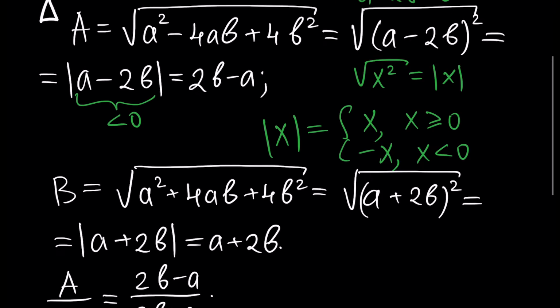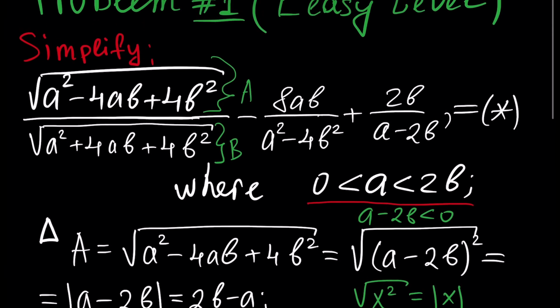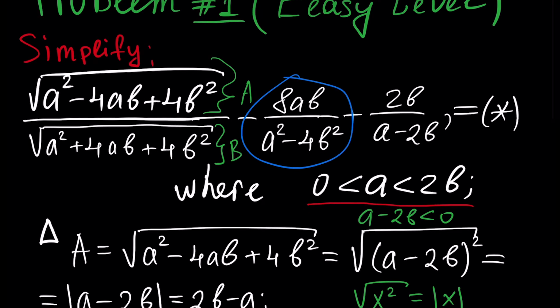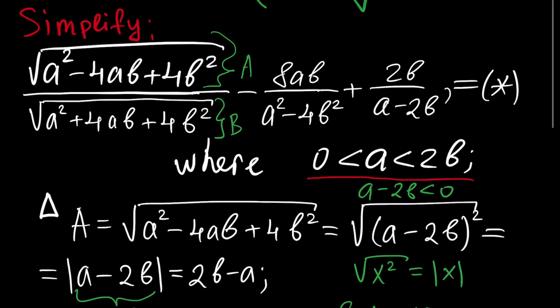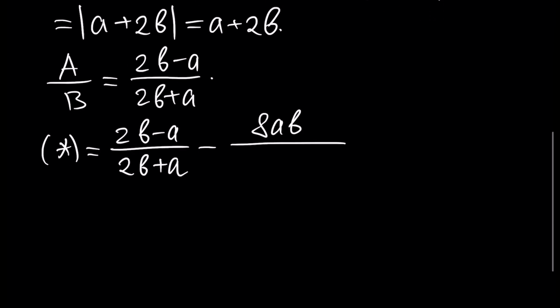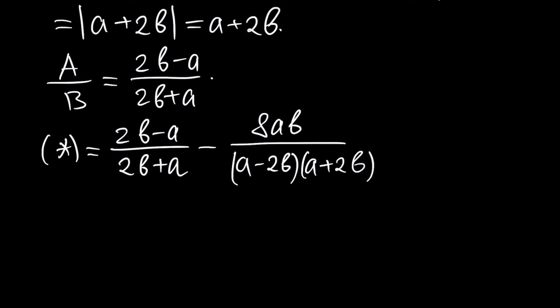8ab. And in our initial problem, in this term, the denominator can be written as a minus 2b times a plus 2b. Here we used the formula that x squared minus y squared is equal to x minus y times x plus y.